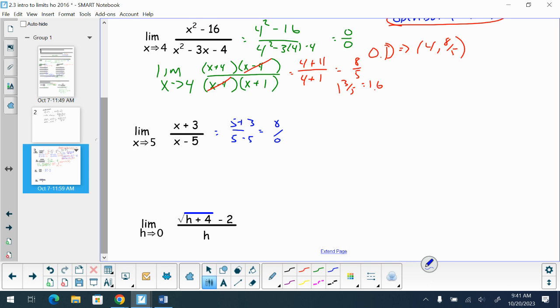Well, let's go back to see what happens in our calculator. In our calculator, type in the quantities.